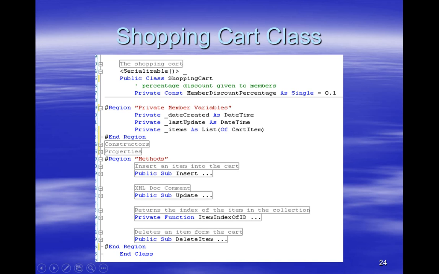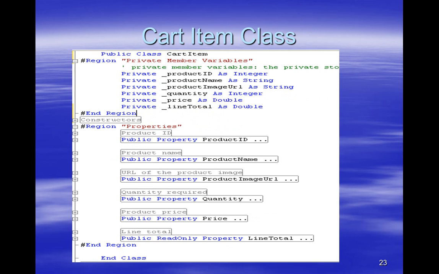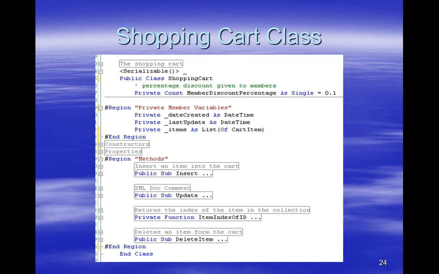In this case, it is the cart item, which is the one defined in the previous slide. Let me go back to the previous slide. So you see, this is the class cart item, and it is used as the element type of the shopping cart list.